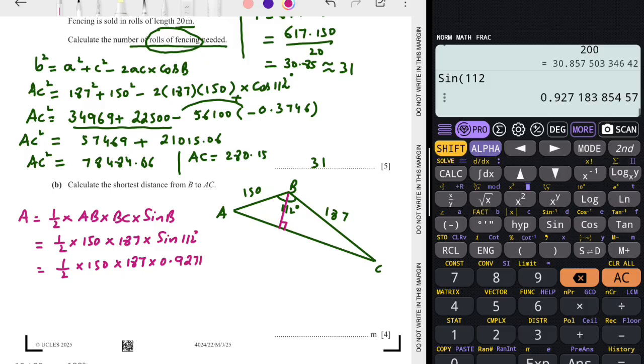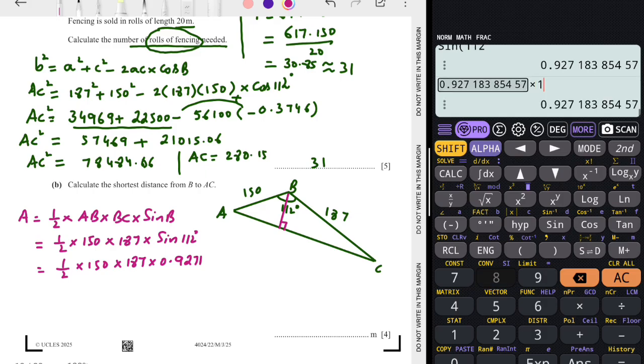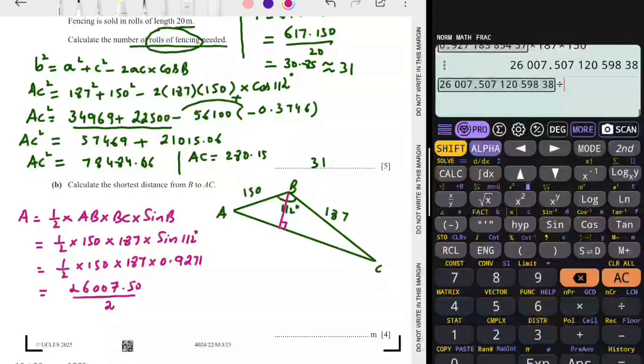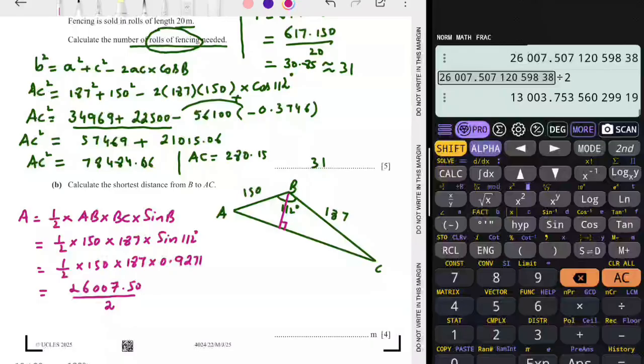Now we will simplify it. 187 times 150 times 0.9271 is equal to 26007.50, divided by 2. Now after dividing it, the area is equal to 13003.75.